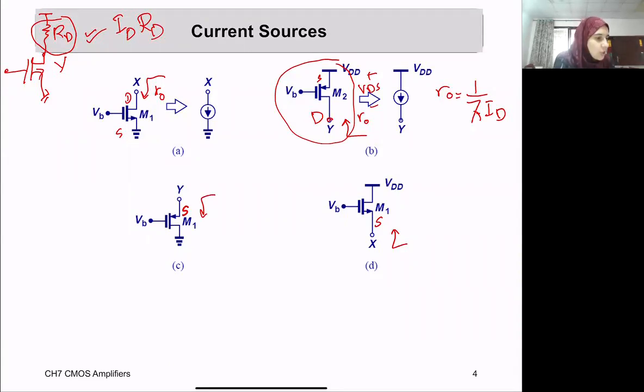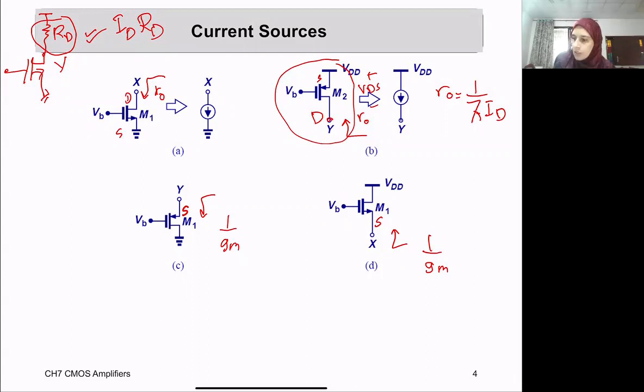Opposite, we will see a small impedance given by 1 over gm. So here we will not have a good impedance, and therefore it's not a good way of connecting my transistor load, which we can call an active load. So it's not a good way to connect. And you can prove from the small signal model for this transistor that you get an impedance given by 1 over gm.